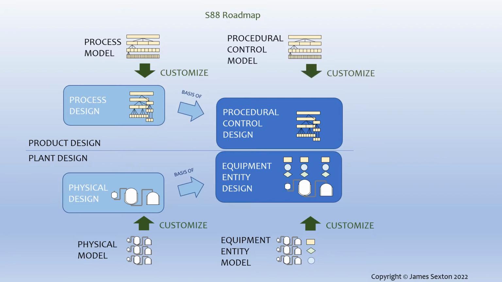Along the way, we need to understand three types of control requirements: basic control, coordination control, and procedural control. Finally, we need to understand that there is a link between the procedural control and the equipment.